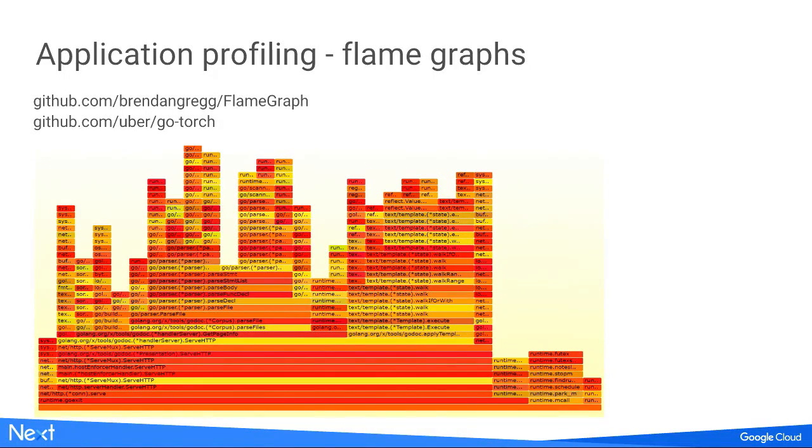The wider the block, the more often it shows up in stack traces for the profile. And at the very top are the things actually spending CPU time. So this is a good way to identify potential things to fix. In this one, I don't know, maybe optimizing text template, or adding a caching layer there, is appropriate.